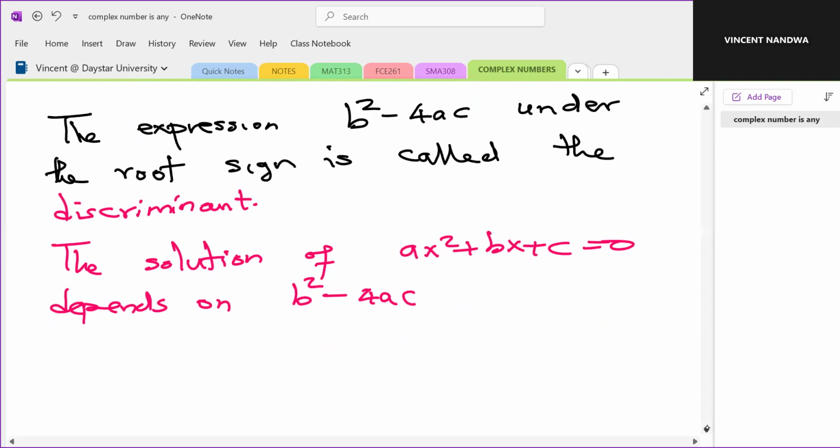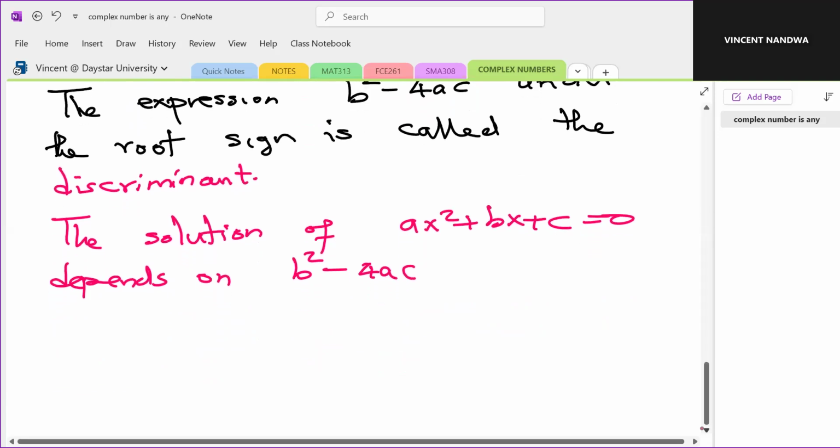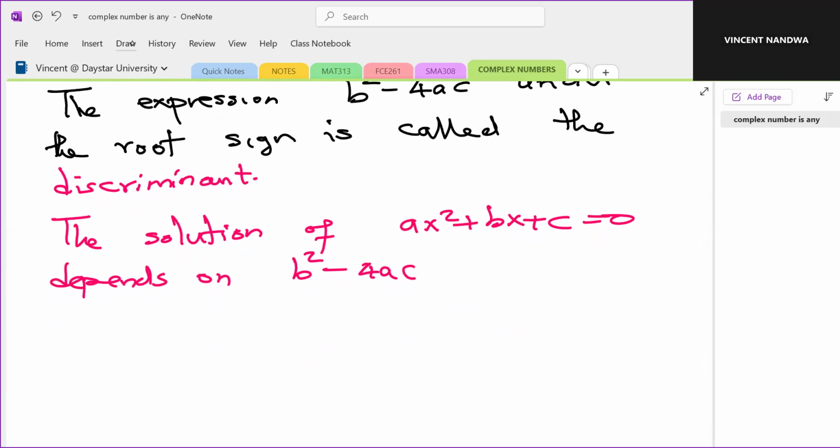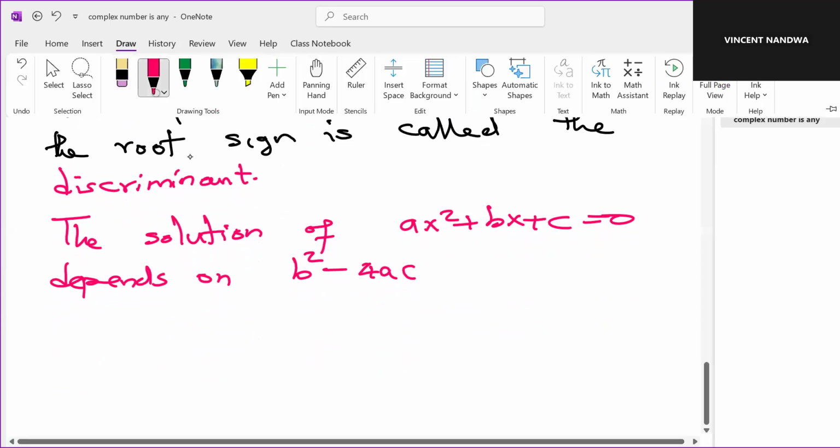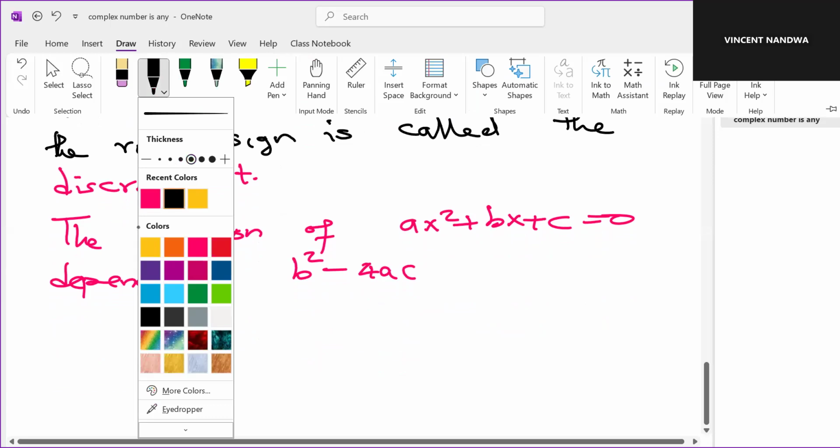If you remember what we already did in high school, case one is when this discriminant is a positive number.